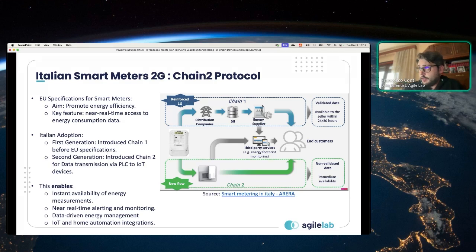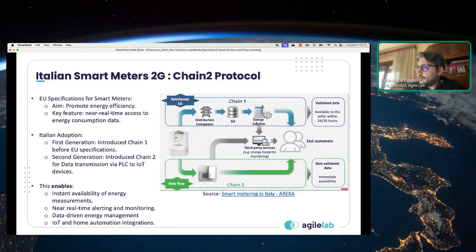And you can see this first generation introduced the Chain 1 technology, and you can see this technology in the blue section of this diagram. And in this protocol, data is transmitted from the energy meter to the distribution company, and then it reaches centralized systems, and finally the energy supplier.